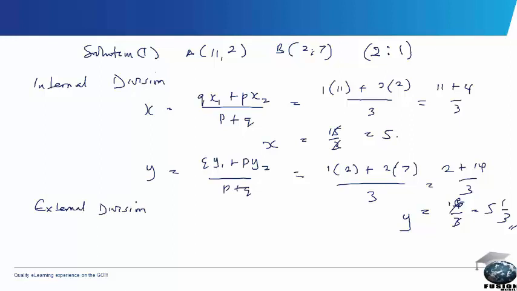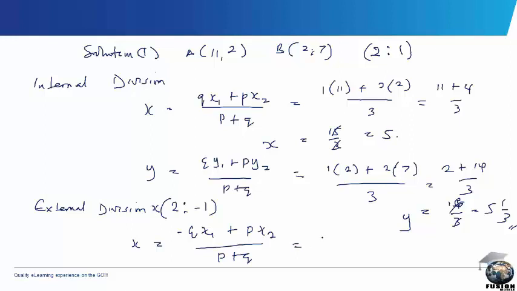Okay, for the external division, the ratio changes. For x, in the external division, the ratio changes to p and minus q, so here it becomes 2 and minus 1. And so x becomes (q x1 + p x2) all over (p + q).